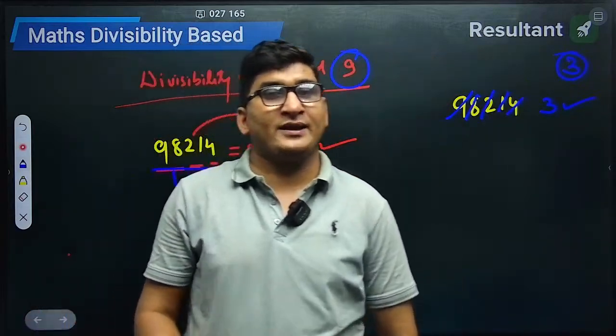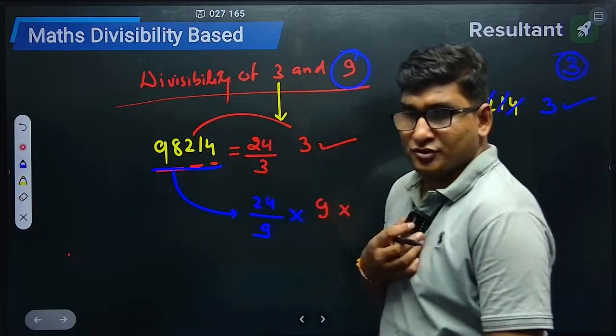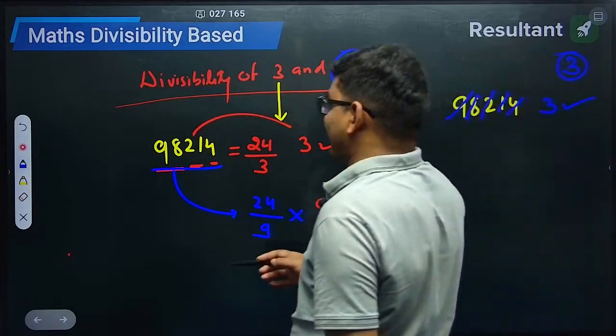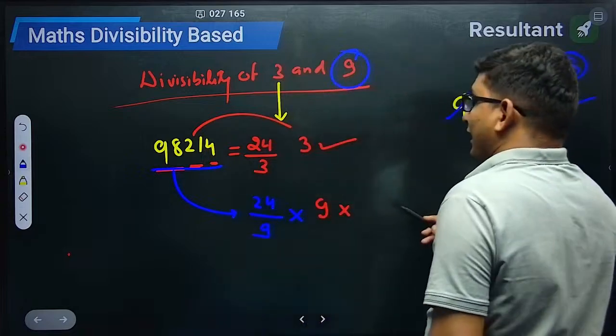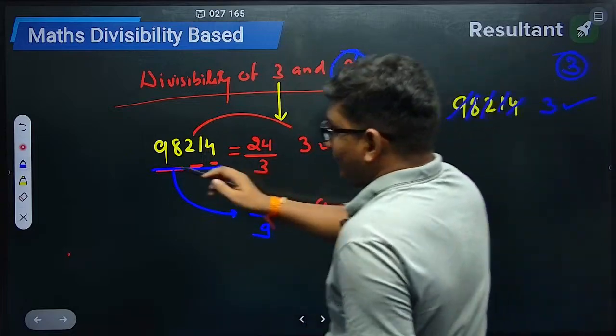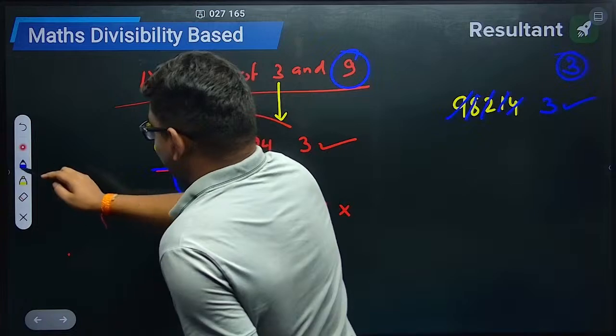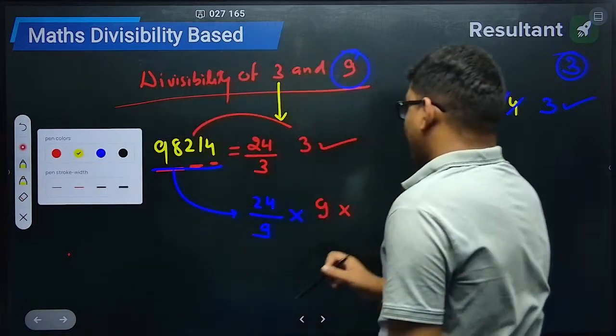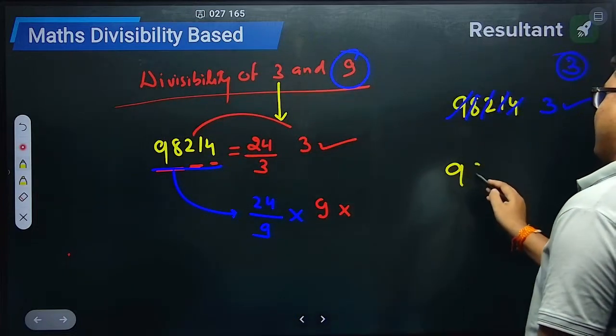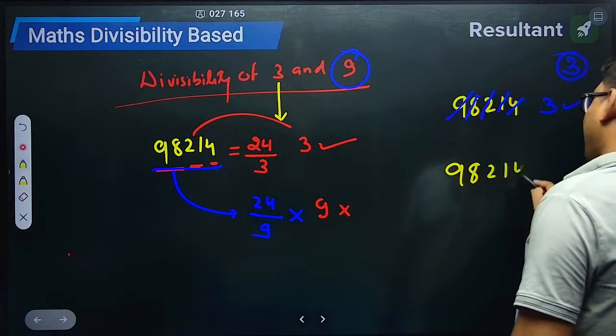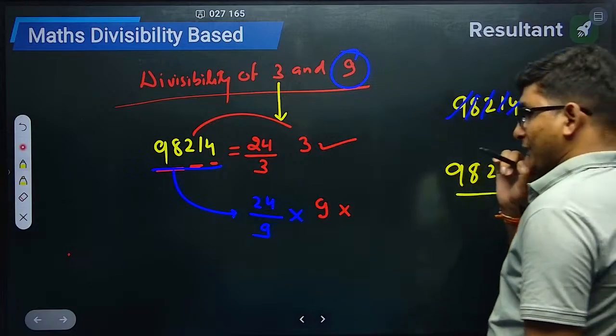But if I want to check divisibility of 9, then we will divide by multiples of 9, or we will make 9. So now I have again written the same number, 98214, and I want to check the divisibility of 9.